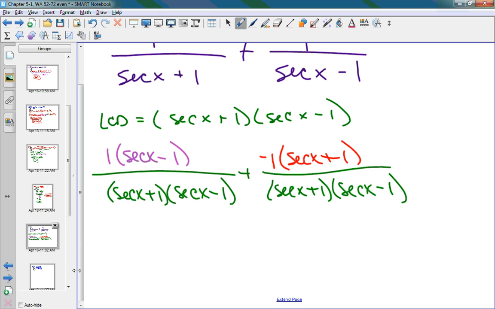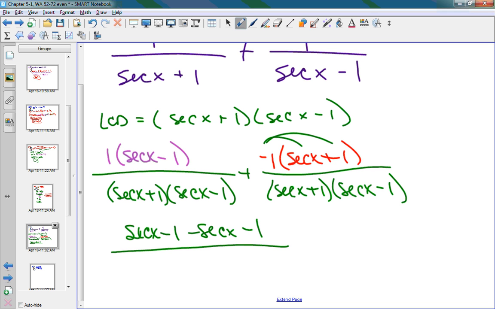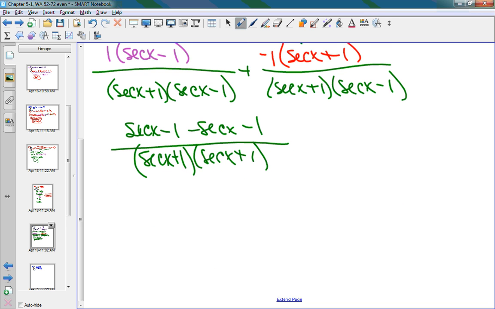So now that I have the same denominator, what do I need to do? Marry them, so this is going to be the secant of x minus 1 minus the secant of x minus 1 all over my denominator. Now what do I do? Why do you make it negative?